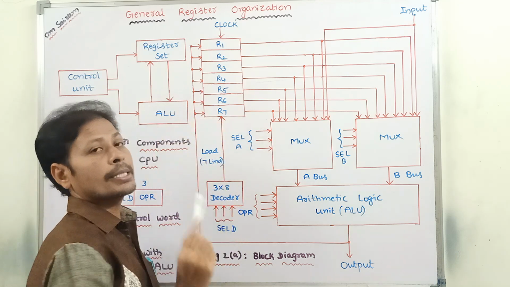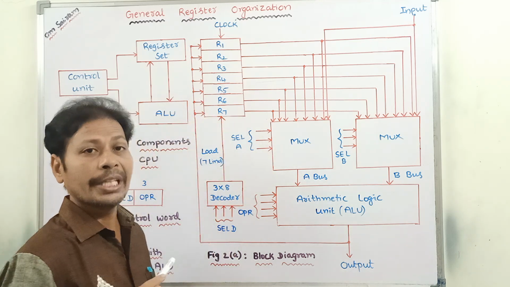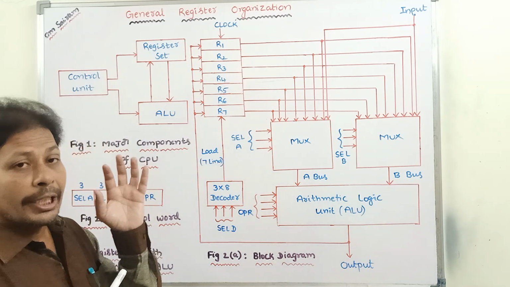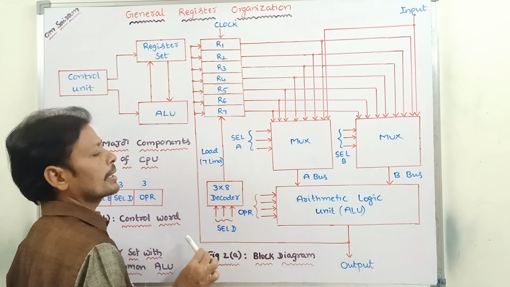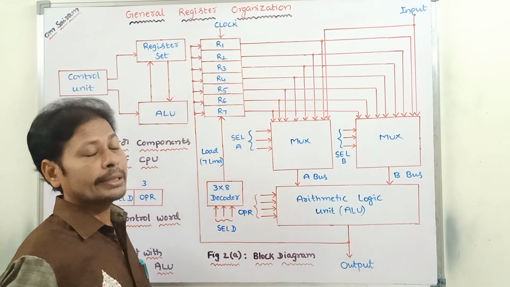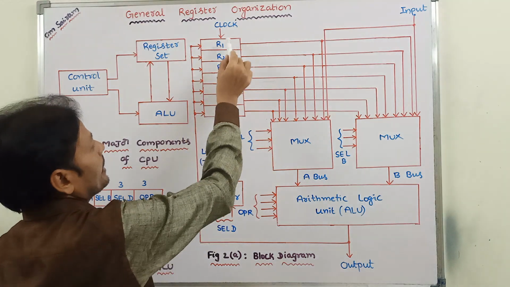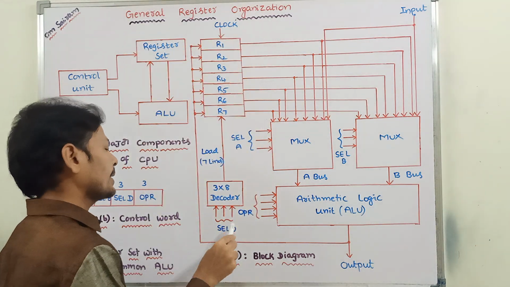Whatever register is selected by the 3/8 decoder, into that register the result of the operation is loaded.